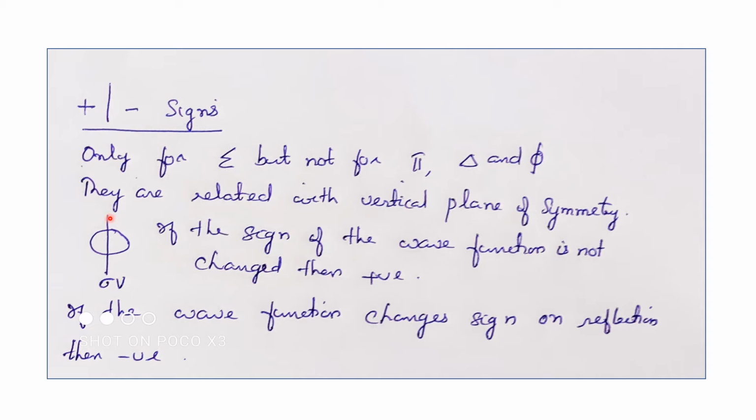In this case, if we rotate in the clockwise direction from this point to this point, if the sign of the wave function is not changed, it is positive. If the sign of the wave function changes, it is negative.